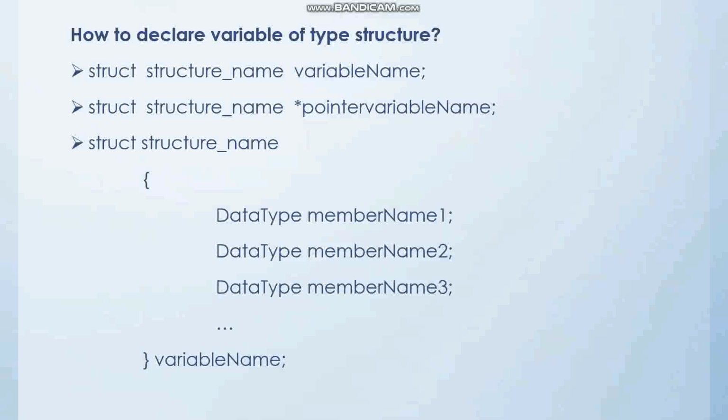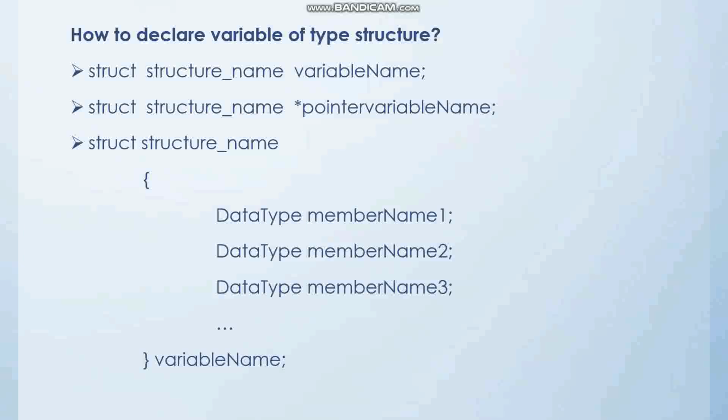So how to declare a variable of type structure? If I want to declare a variable of type integer, then there is a simple way: I will write the keyword int, then I will give the name of that variable, for example int a. So how to declare a variable of type structure, because we are saying that structure is a user defined data type. It is not predefined, it is a user defined data type. In a similar way, first I will declare the data type. The data type is itself a structure, so I will write struct, then structure name, then the variable name.